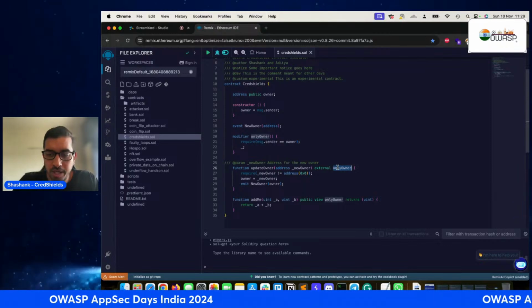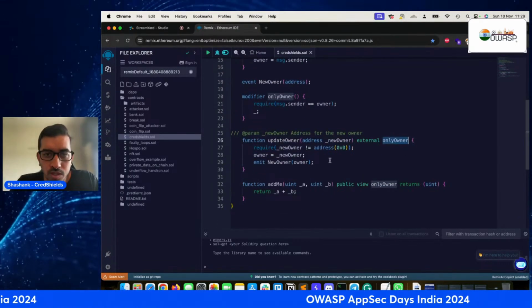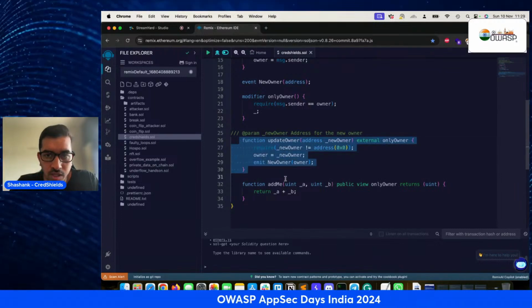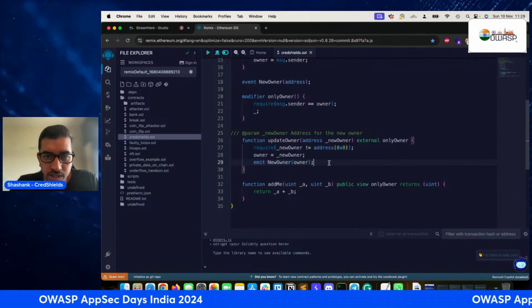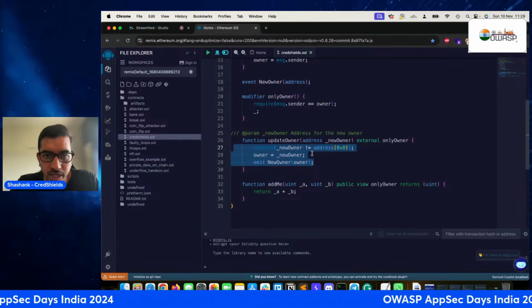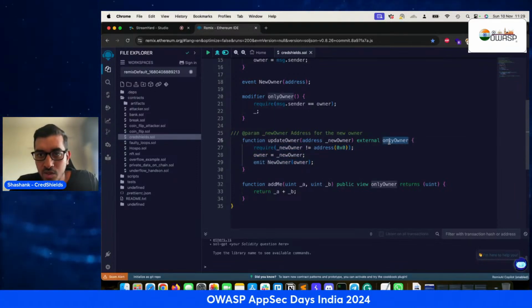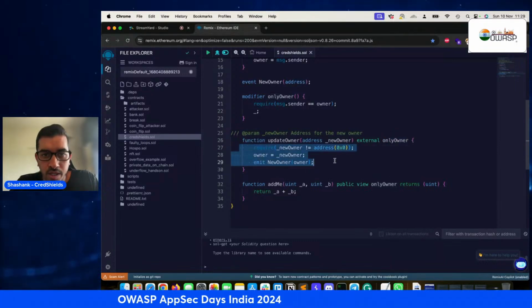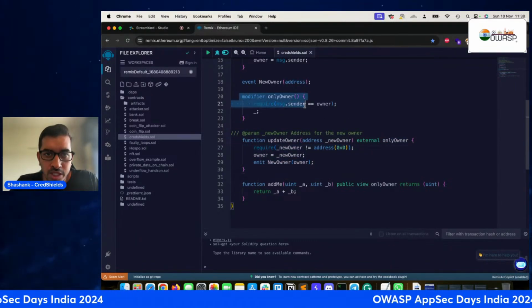So I want to explain how this code works. Whenever you call this function update owner, it won't run these statements first, like setting the new owner. The first thing it will do, since it has called a modifier, is that before running these statements, the compiler will first check this.